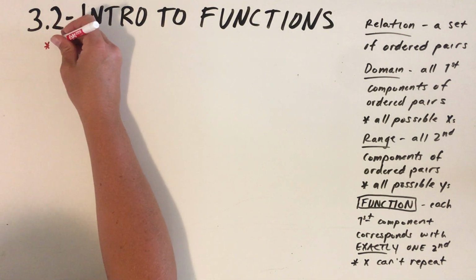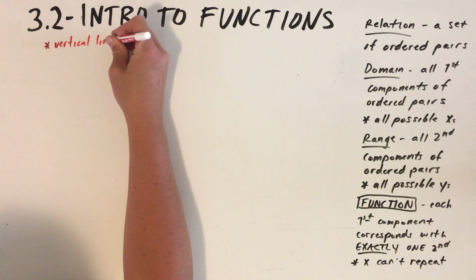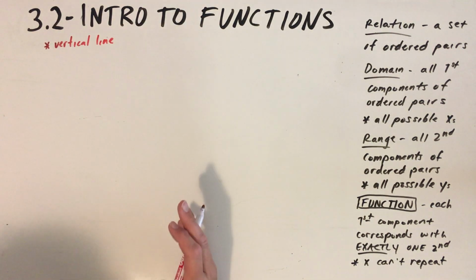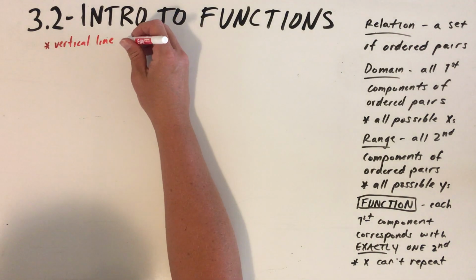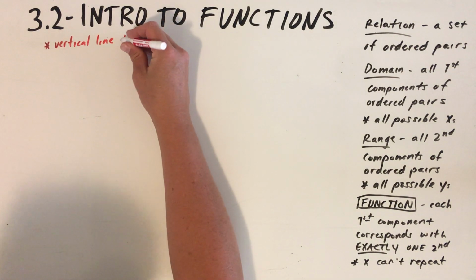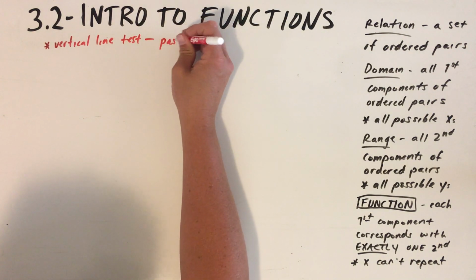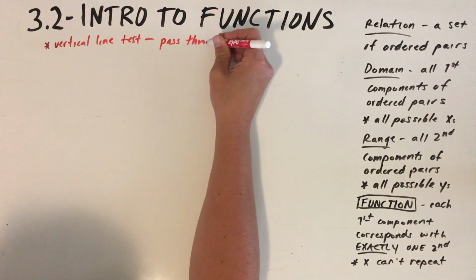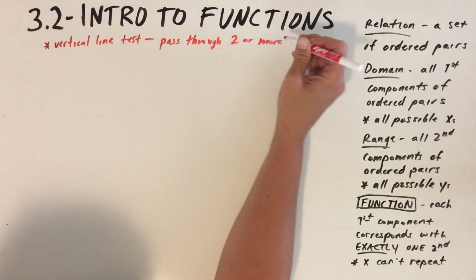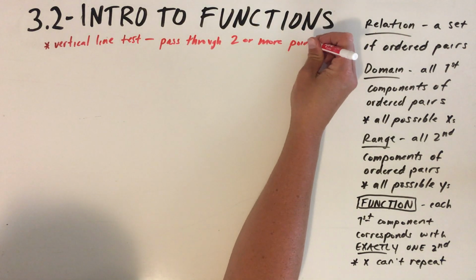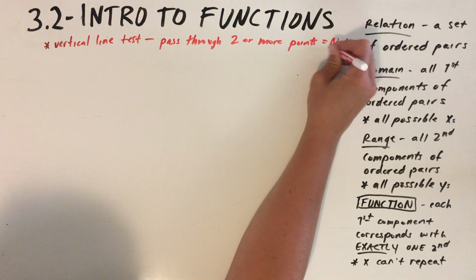The vertical line test says that if there's anywhere on the graph that you could draw a vertical line and it would pass through 2 or more points, then it's not a function. Okay, so if it passes through 2 or more points, then it's not a function.